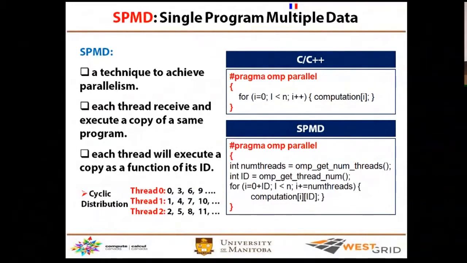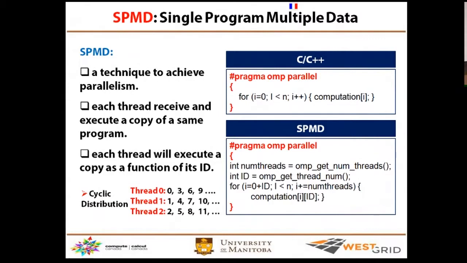We can take the sum we had previously in our example and promote it to an array. So we assign a local sum to each thread. It will compute the local sum as a function of its ID. So the program will be something like this.